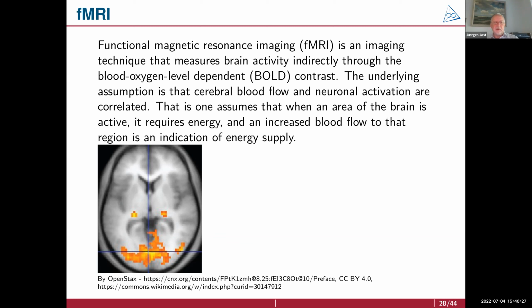That is, how much oxygen does your blood transport to a particular region in the brain? And the idea is when the brain is active, then it needs energy, and the energy is transported by the blood. And how much energy is transported by the blood, you can detect through its oxygen level.